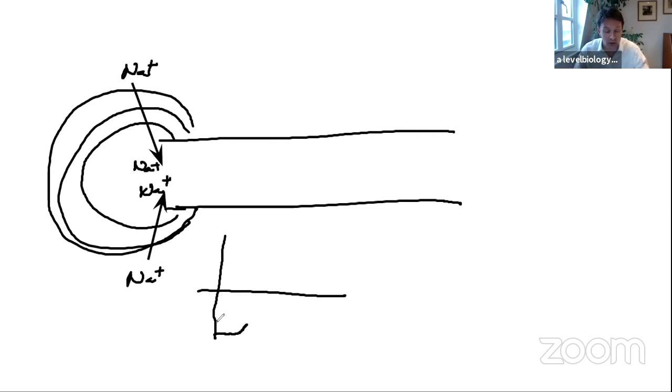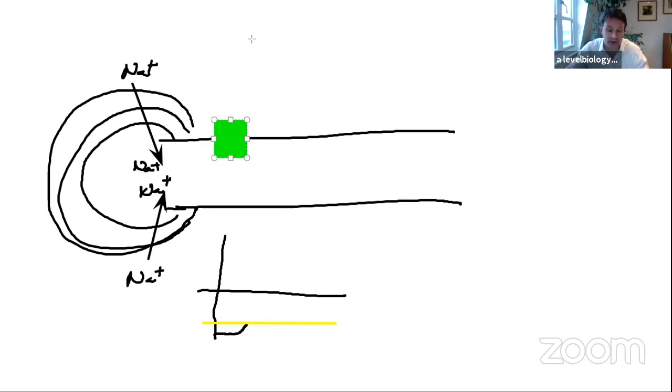Now, if you stay below the threshold level, then nothing will happen, because the threshold level is at about minus 55 millivolts. And at minus 55 millivolts, that's the potential difference that needs to be reached before a voltage-gated sodium channel opens.